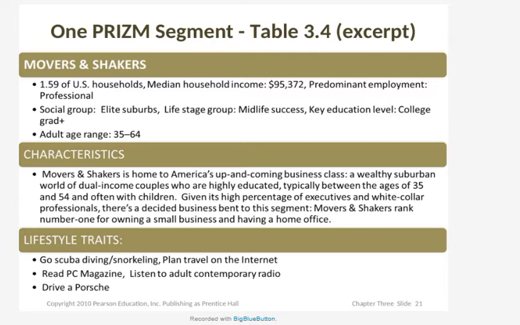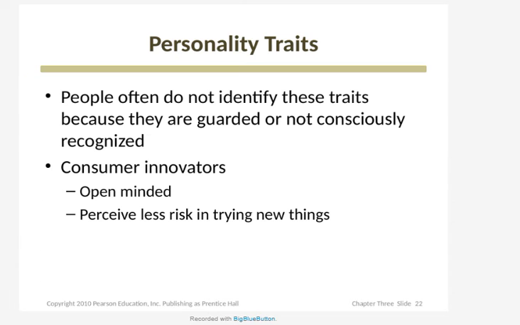تمام. طيب يبقى احنا كده we talked about the geographic the demographic segmentation. Let's talk about the personality traits. Personality traits it's different بقى. Personality traits يعني characteristics of the person. تمام. في مثلا ناس innovators they classify themselves on high exhibition personality traits. تمام.